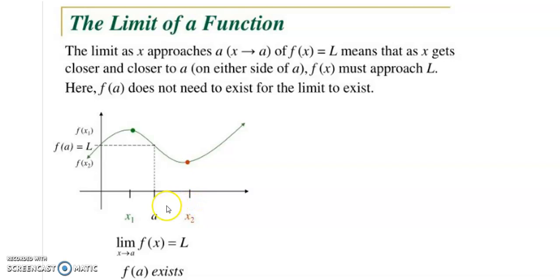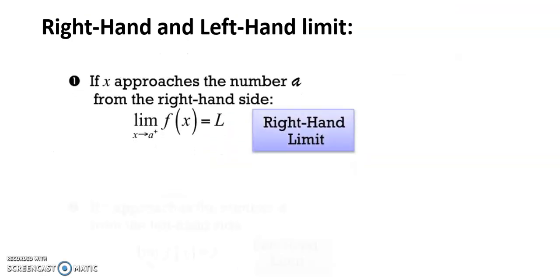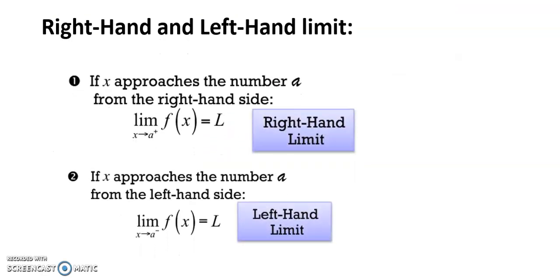And if you are approaching this value from the right hand side, it means it is the right hand limit. Now what is left hand limit? If x approaches the number a from the left hand side, you used to represent it with a positive sign, it means that you are approaching a from the right side, and if it is a negative sign, it means that you are approaching the limiting value from its left.